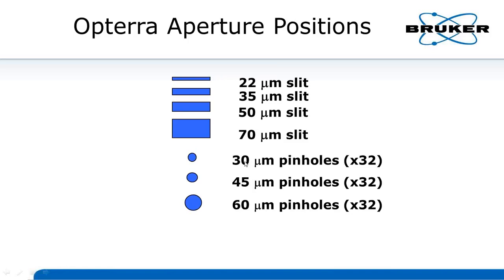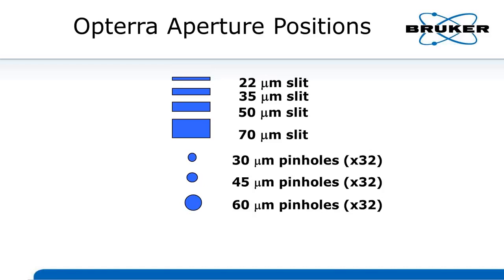So if the application requires better spatial resolution and the user wants to use a pinhole to get an improvement in both X and Y resolution, they can pick a pinhole that matches the numerical aperture and magnification of the objective that they're using. This is all done electronically by just making a selection in the software.